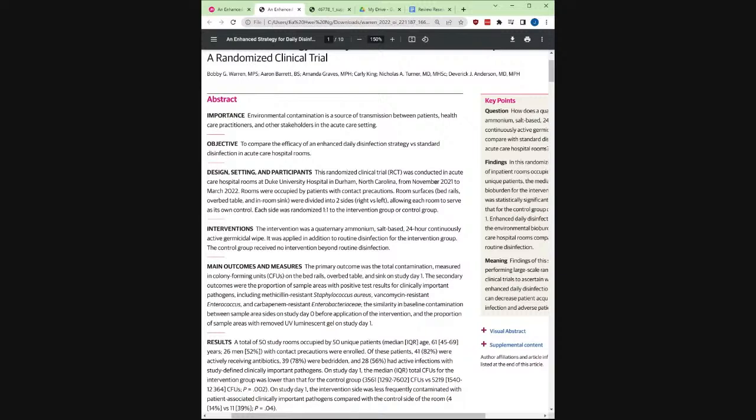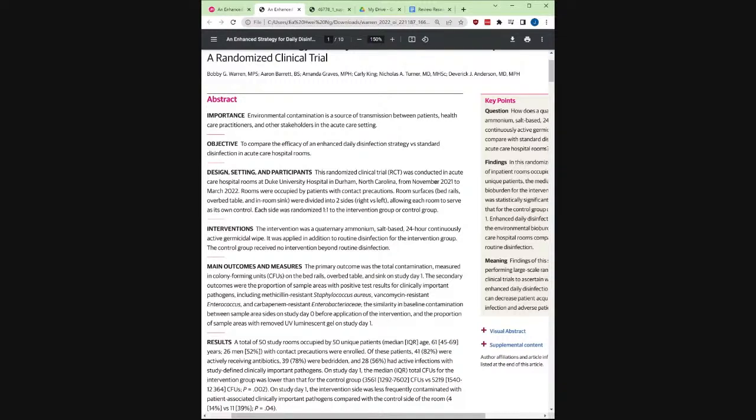So they take one room and split it into two sides. So on the right side, maybe they use the cleaning product, and the left side is the standard, allowing it to become the control. If you think about it, if you have two separate rooms, maybe one patient in one room and another patient in a different room, then you may have the risk of the control not being the same.